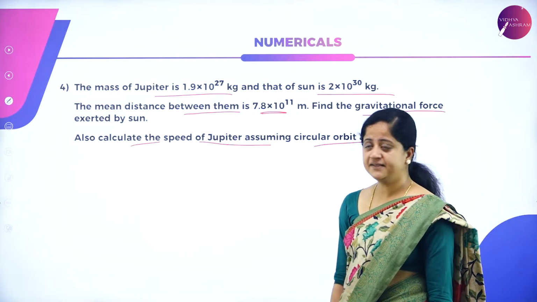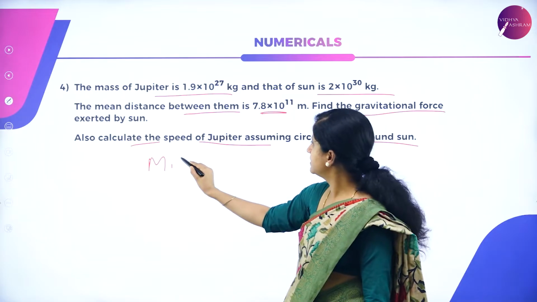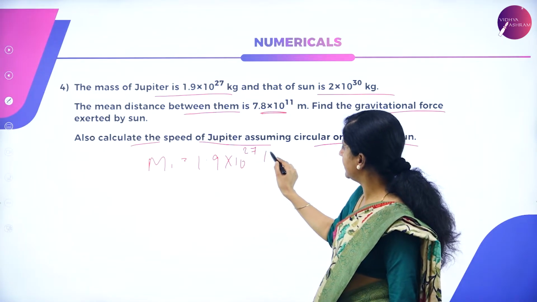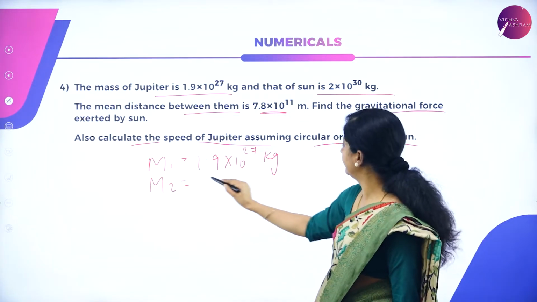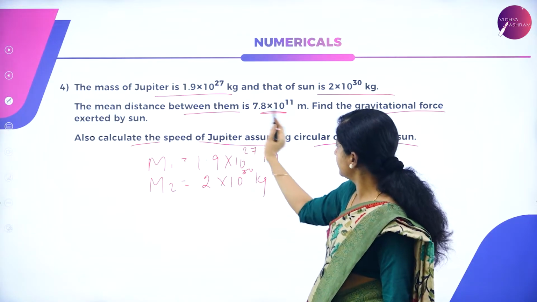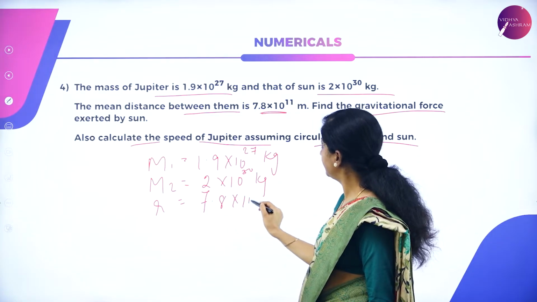So first let us write the given data. Here the mass of the Jupiter, I will take it as m1, which is equal to 1.9 into 10 power 27 kg. And the mass of the Sun, I will take it as m2, which is equal to 2 into 10 power 30 kg. And the distance of separation between them, that is r, is 7.8 into 10 power 11.